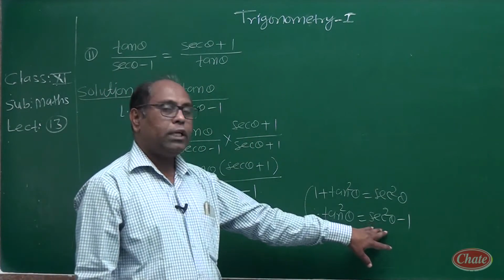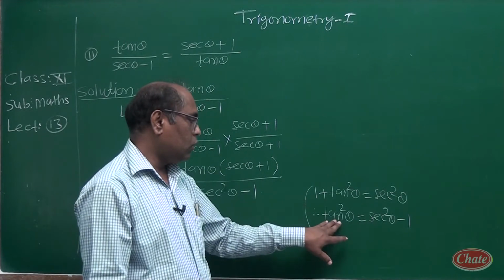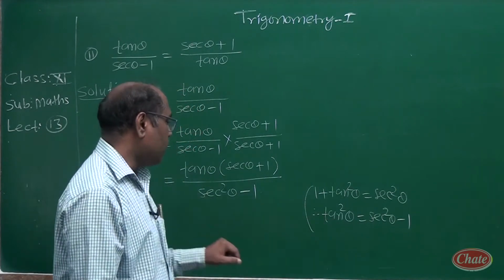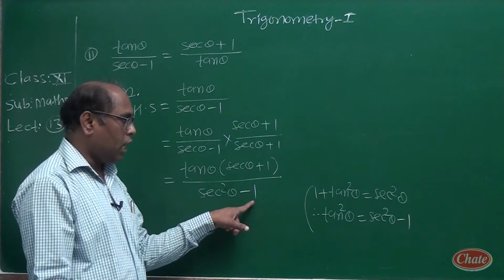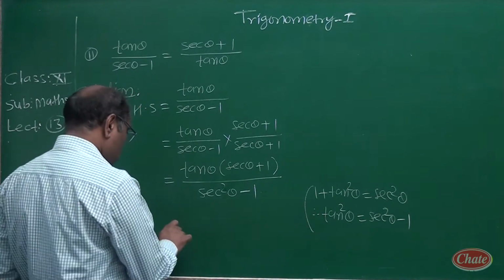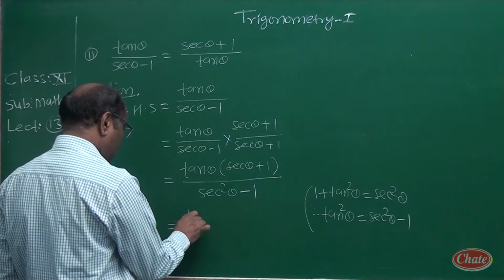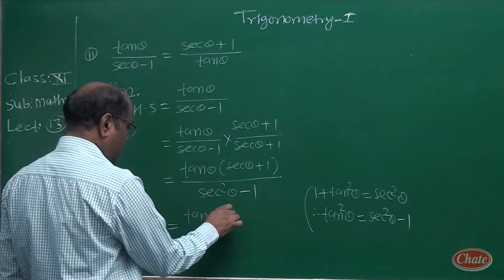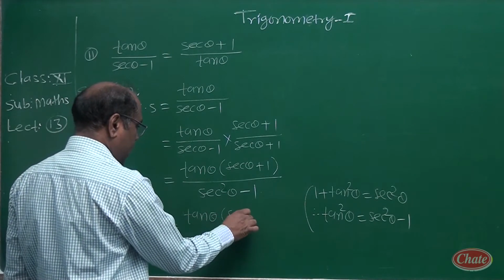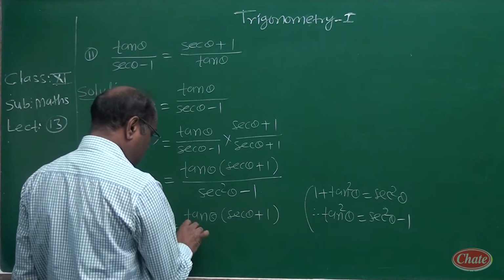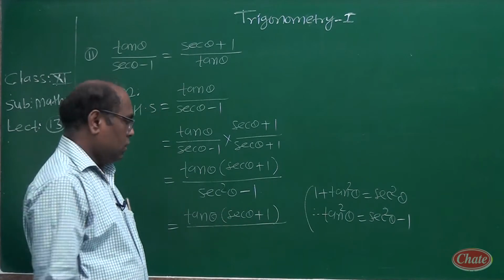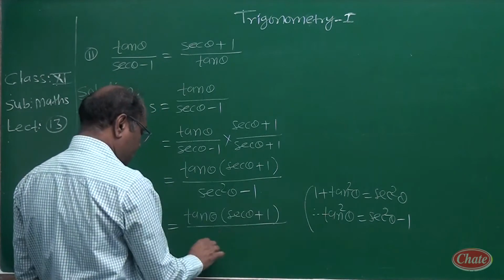So sec square theta minus 1 is equal to tan square theta. I have to put this value of sec square theta minus 1 as tan square theta. So the numerator as it is, tan theta into sec theta plus 1, divided by tan square theta.